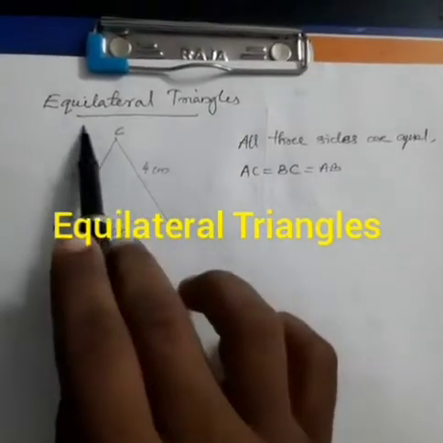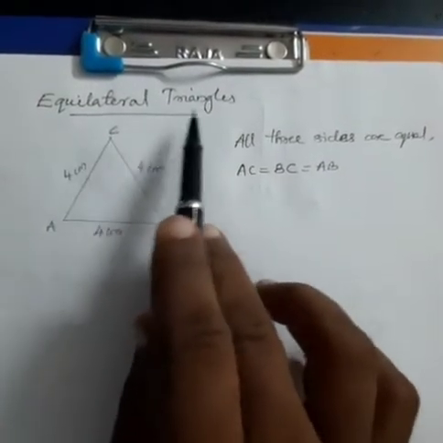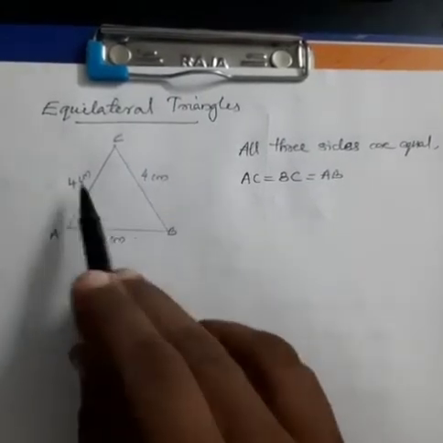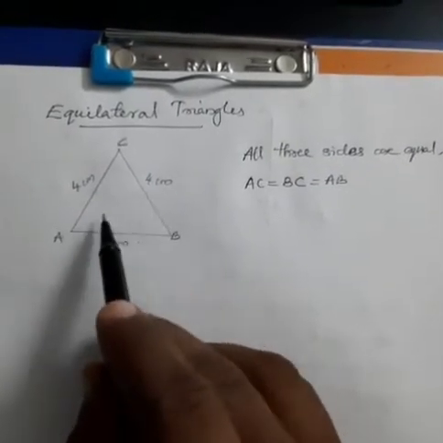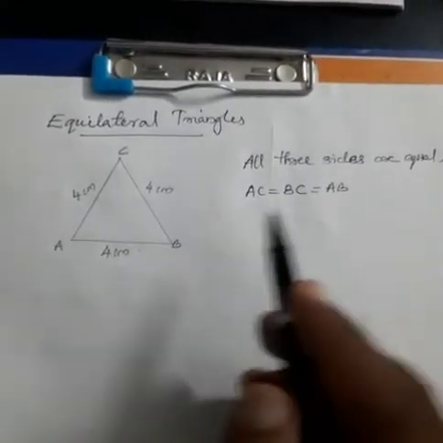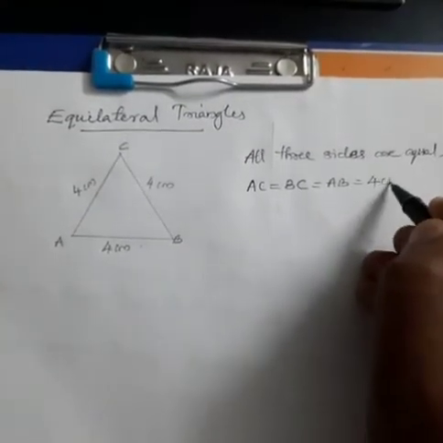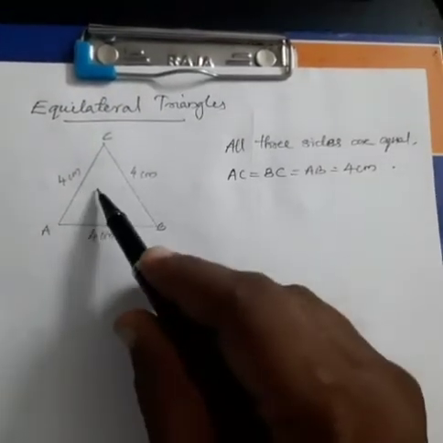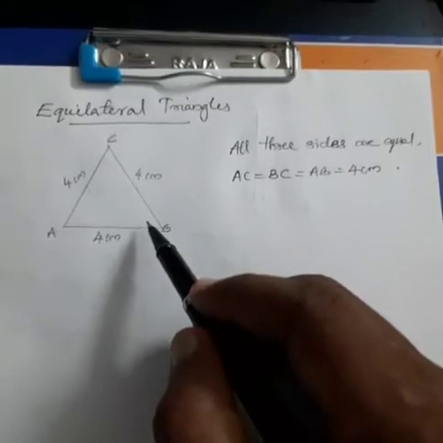Next one is the equilateral triangle. See this triangle. All three sides are equal to 4 centimeters. AC is equal to BC is equal to AB. All are 4 centimeters. We already studied, if the sides are equal, opposite angles are also equal.